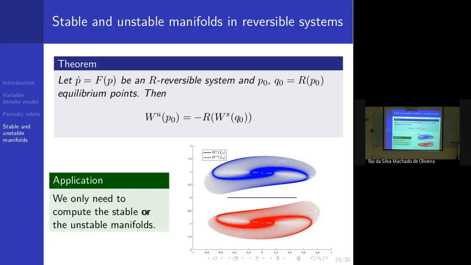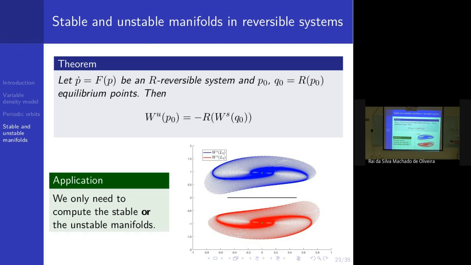As we see here, this is the stable manifold of the triangular equilibrium points in our model, and this is the unstable manifold of the symmetric equilibrium point.